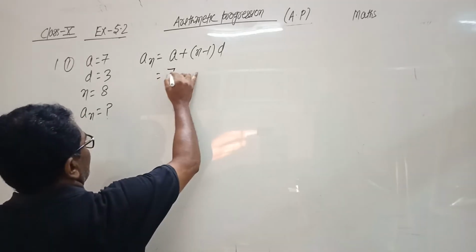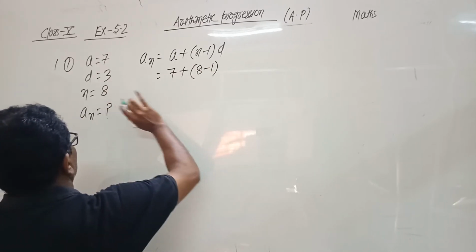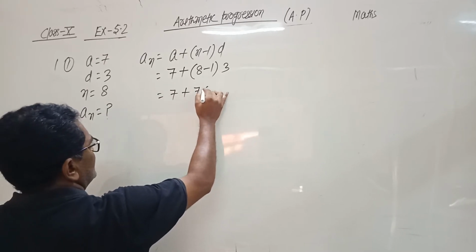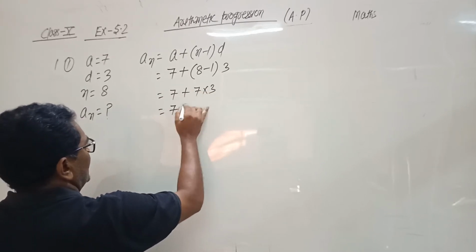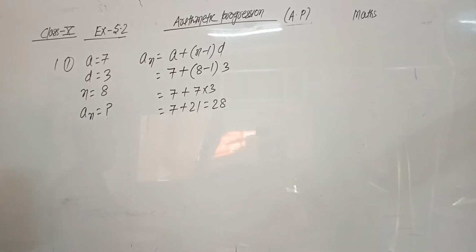So A is 7, number of terms is 8 and common difference is 3. So 7 plus (8 minus 1) into 3, 7 plus 21, we get 28 is the answer.